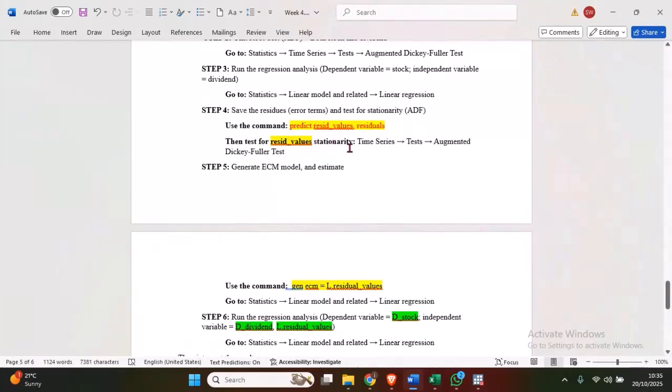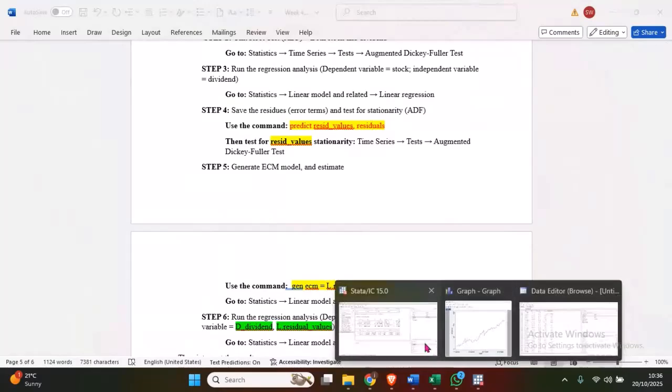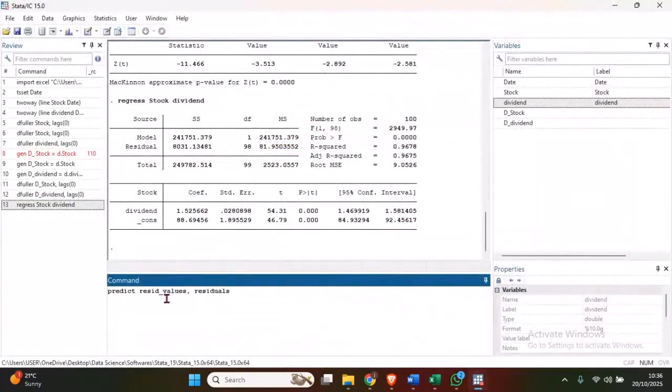What you do here is run this command. You are predicting, that's why we write predict, then the name of the residual value. We want to call them residual values, but we can put any other name. Then comma residuals. In other words, we are predicting the residuals and their name is residual values.